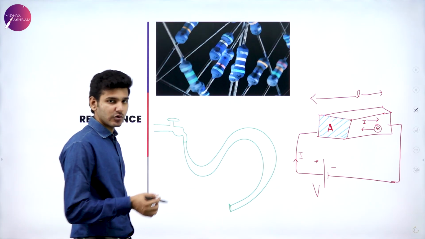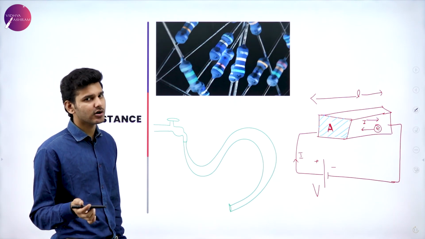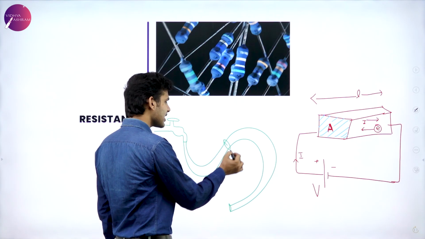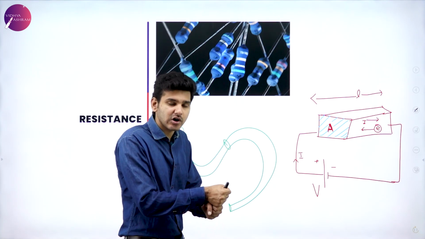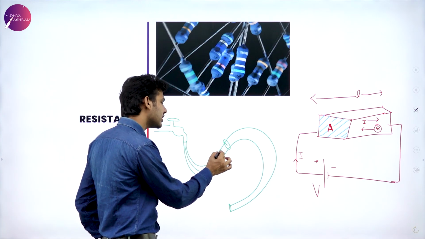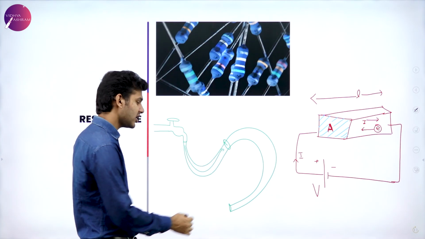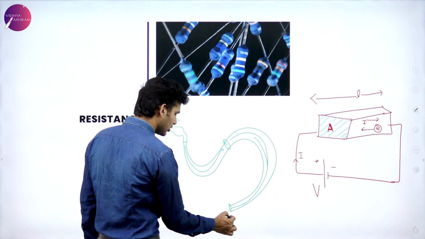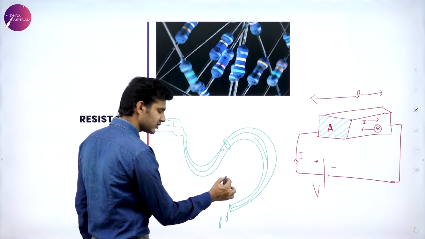I have a nephew who's very naughty. He pressed on the hose so tight that water was not flowing properly. Water is not coming out easily as expected. Only drops were coming out.